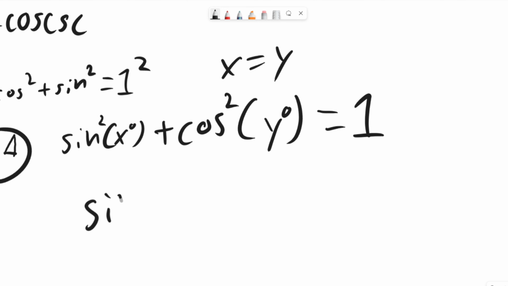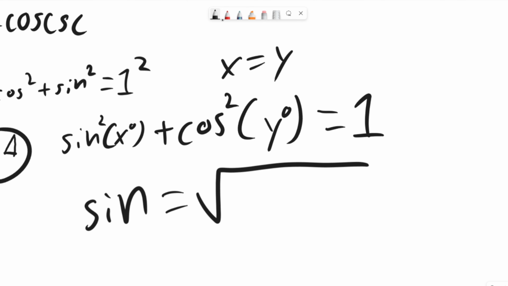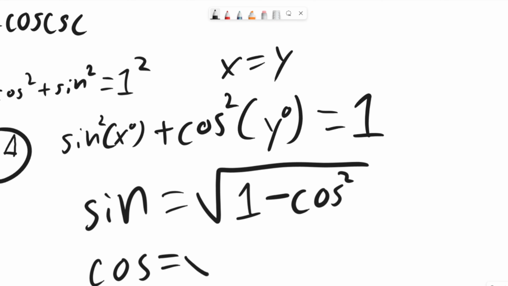And this also allows sine to be defined in terms of cosine, and for cosine to be defined in terms of sine.